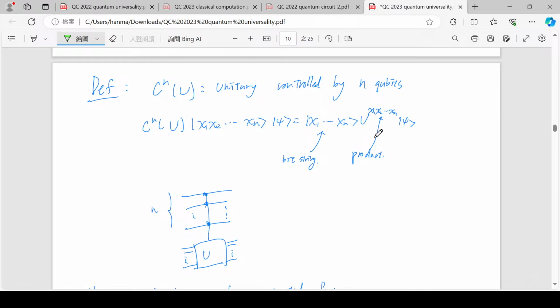This is an n-bit string, and x1 times x2 times dot dot times xn is a number either 0 or 1, equal to 1 only when all those xi are 1. But anyway, this is just a complicated way to say we control on the first n qubits to apply U. So only when the first n qubits are all 1, you apply U on your state.